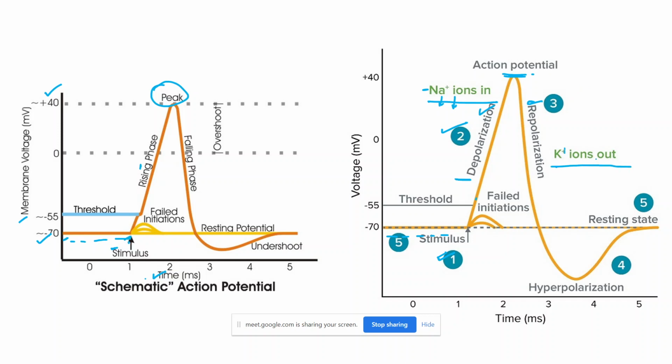Because the sodium channels are closed, there is no influx of positively charged ions, and the potassium channels are opening. So now what will happen? The potassium ions present in your membrane will rush out of the membrane. So now whatever positive charge is present in the membrane, it's going to seep out.